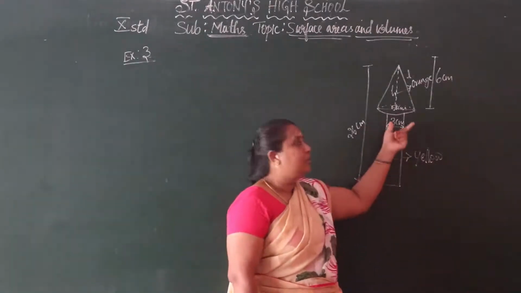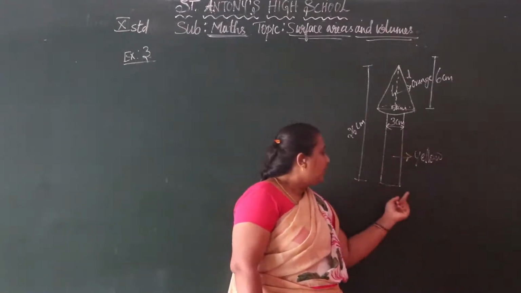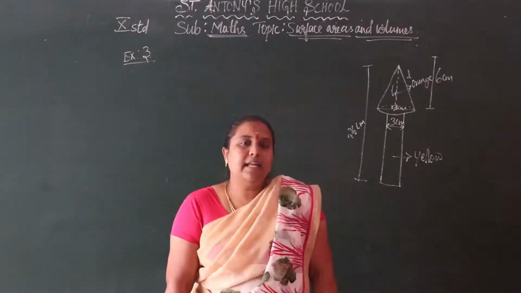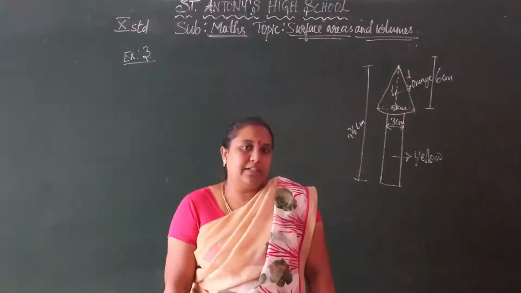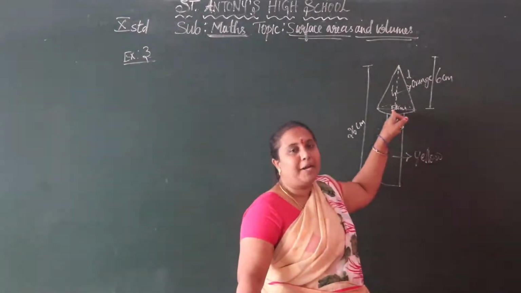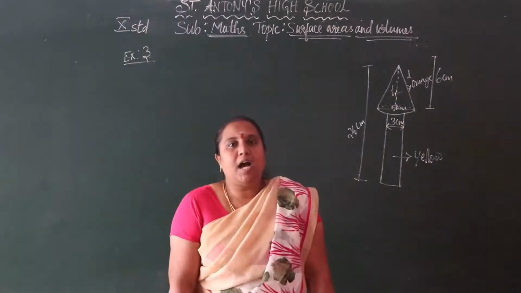So we find the CSA of the cylinder, and the ends would be pi r1 square and pi r2 square, but here we don't have one of them.